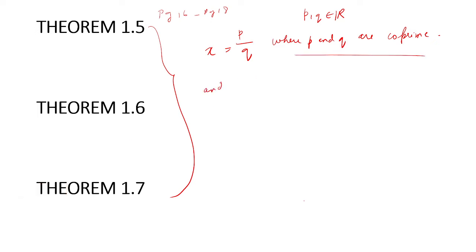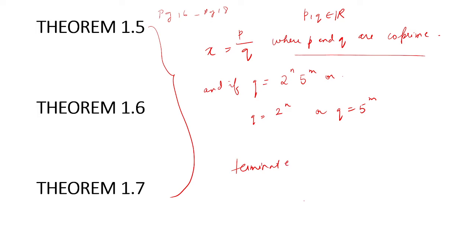And if q can be expanded, or q is in the factorization form 2 to the power n and 5 to the power m, or if it is of just 2 to the power n, or just 5 to the power m, if it is in any one of these three forms, then we say that the number will terminate. I hope you are clear with this.